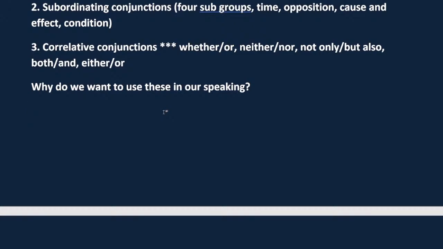Because in reality, you can often just use a coordinating conjunction instead of a correlative conjunction. So what I mean is, like, you can say, I like both basketball and tennis. Or you could just say, I like basketball and tennis. You don't need the word both.